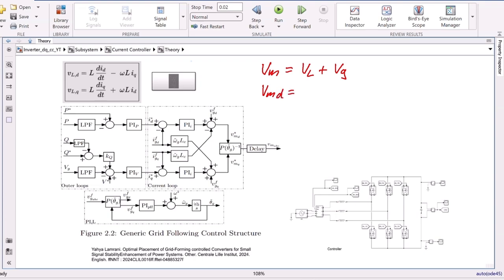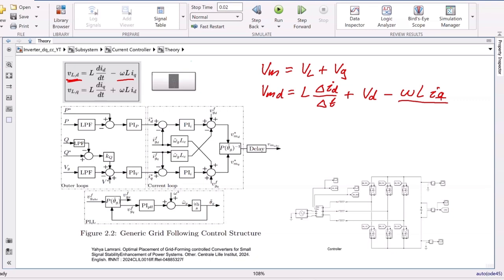This is equal to, now we insert for this, L times the derivative of the current over the change of time. And then we also add the grid voltage. Now, we also need to subtract this. I forgot that one. So minus omega L and then IQ.